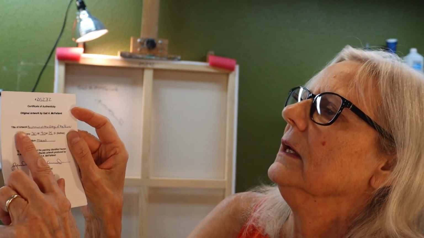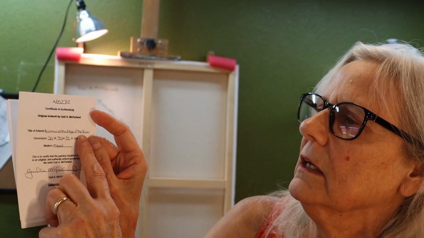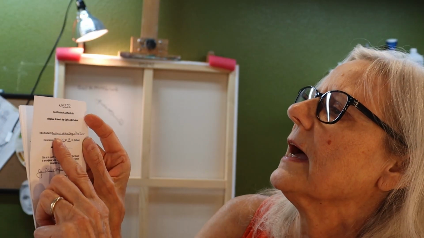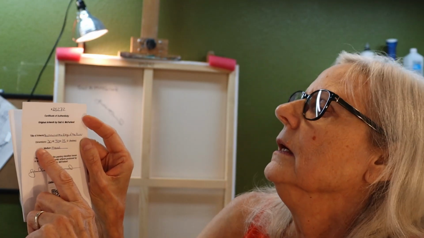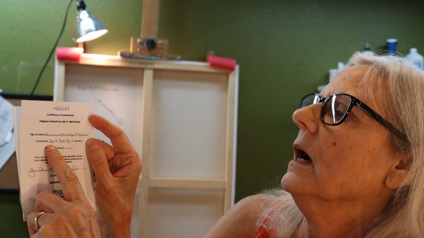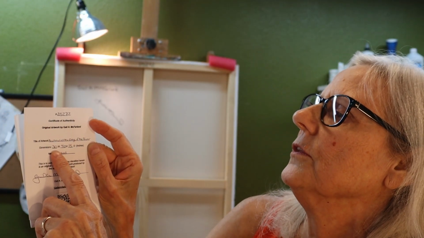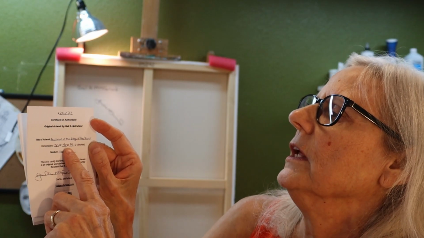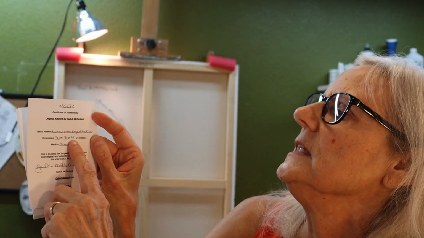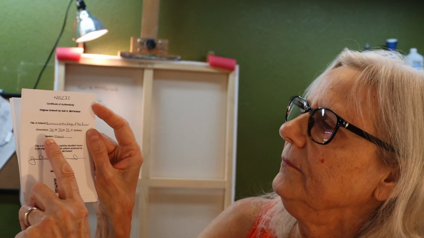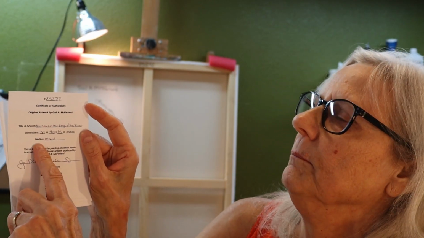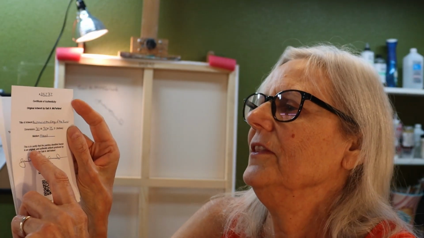Then the title of the work is placed there, and this one is actually Redhead at the Edge of the River. The dimensions I wrote in 30 width, 40 height, 1.5 in dimensions, in inches. Then medium, mixed media.